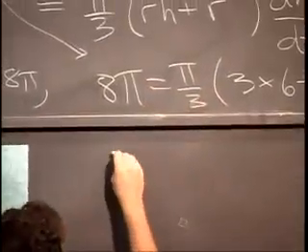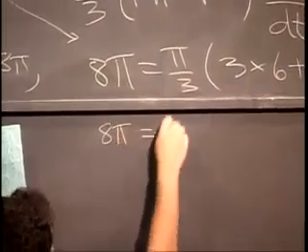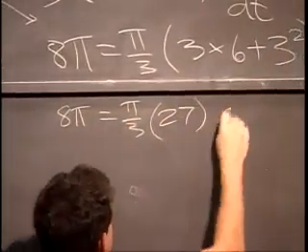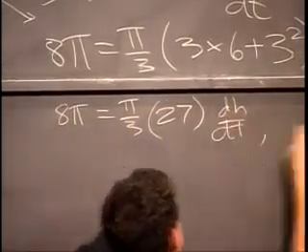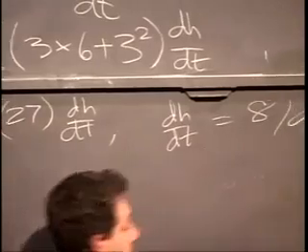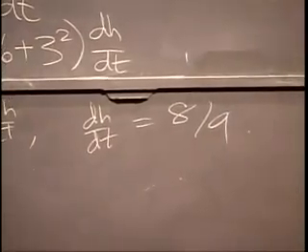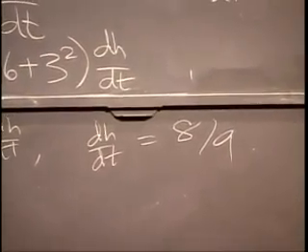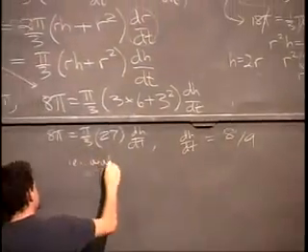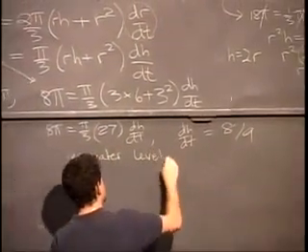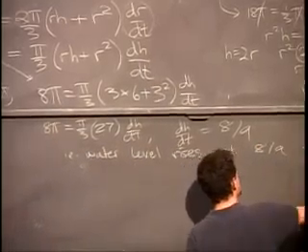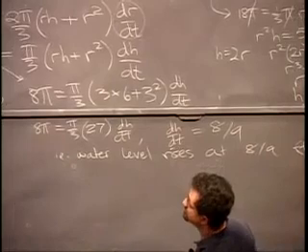So this means 8 pi is equal to pi over 3 times 18 plus 9, which is 27, dh dt. And finally, dh dt is 8/9. And that is the first part of the question done the hard way. So, i.e., the water level rises at 8/9 feet per, what was it, second or minute? Second.